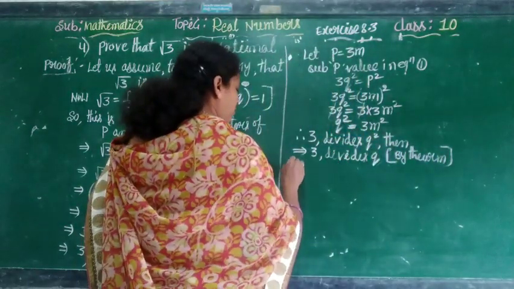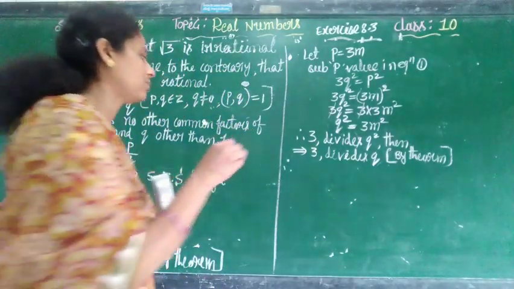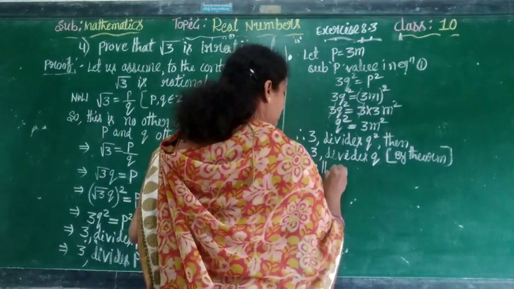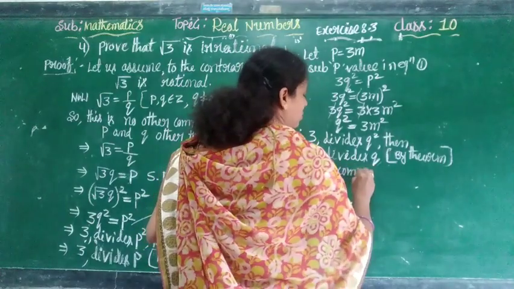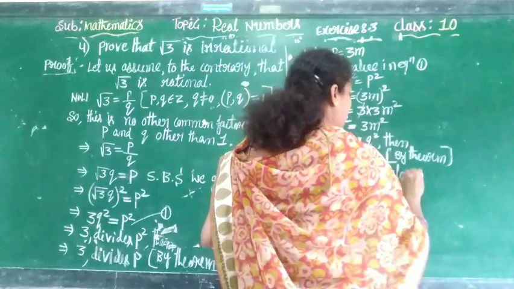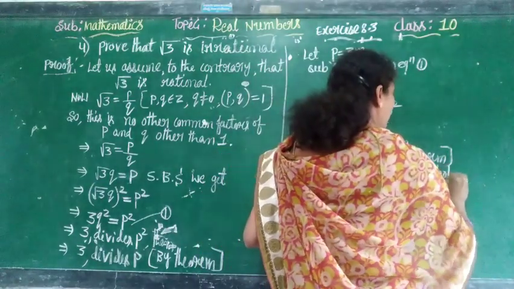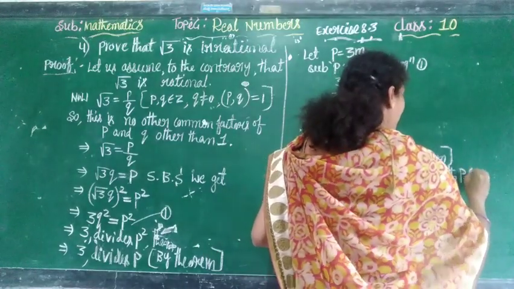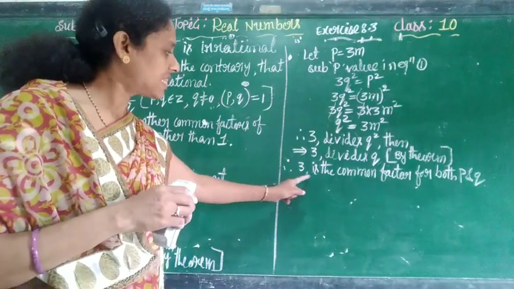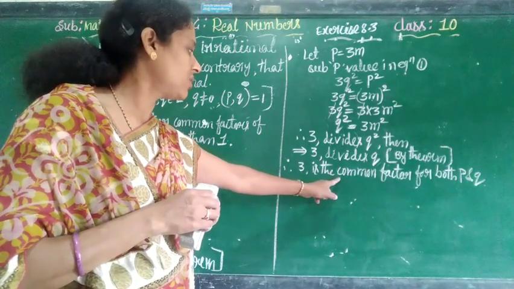So, therefore, 3 is the common factor for both p and q.